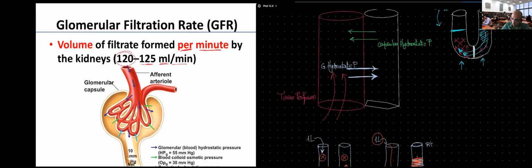So what I will end up with is a tube that looks like this, with equal concentration of solutes.